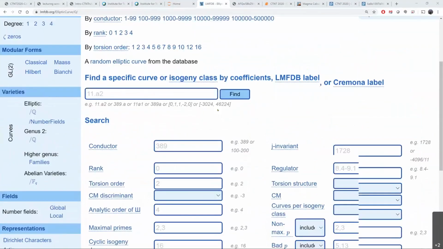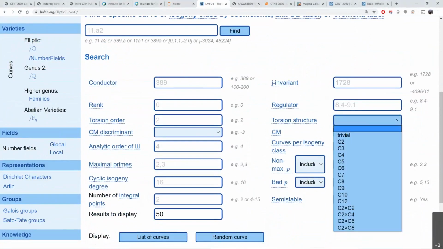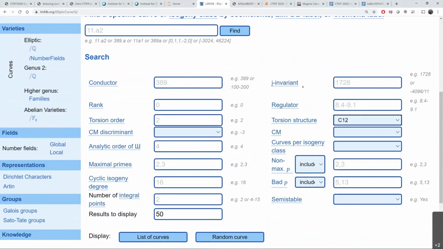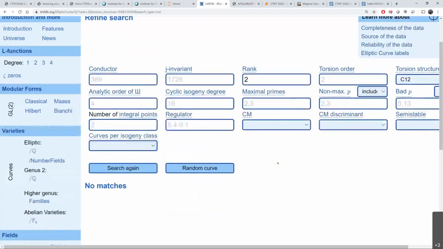But in any case, I can look at the database and start looking for elliptic curves. Let's try with Z mod 12. Is there an elliptic curve with Z mod 12 and rank 2? No matches. So at least in the database, there is no elliptic curve with Z mod 12 as its torsion structure and rank equal to 2.